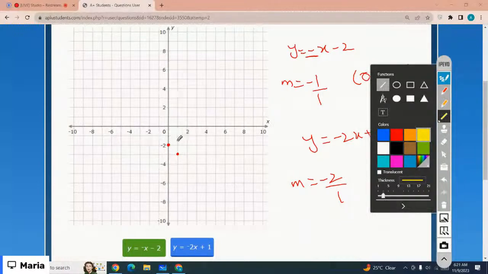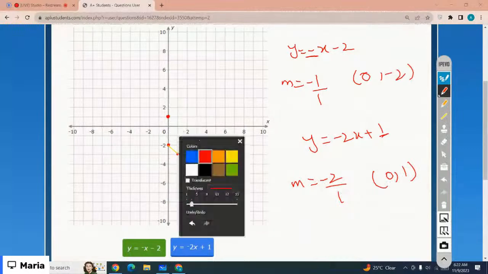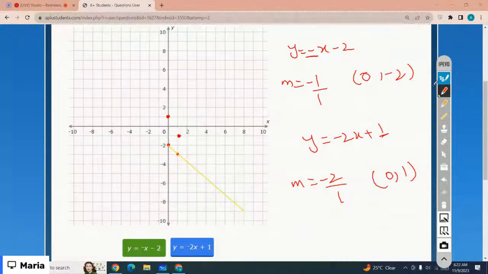Okay, now the second one is x is 0, y is 1. Here is the y-intercept, and slope is negative 2 over 1. Move down 2 points and right 1 point. Here is another one. Just join these 2 points and make the other line, right?